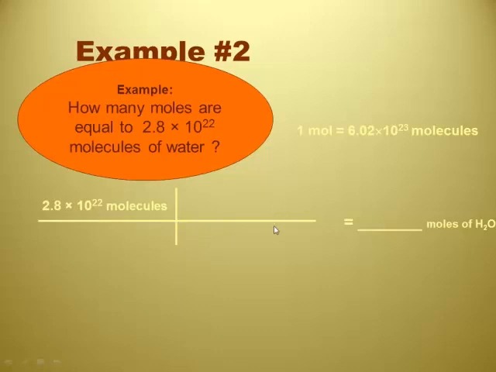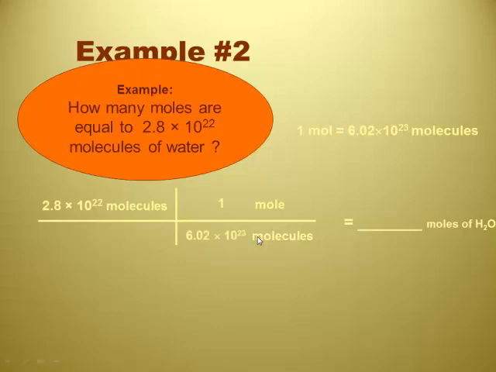So molecules must cancel: molecules on the bottom and moles on top, following just the units. According to the definition, 6.02 times 10 to the 23rd molecules on the bottom and 1 mole on top.